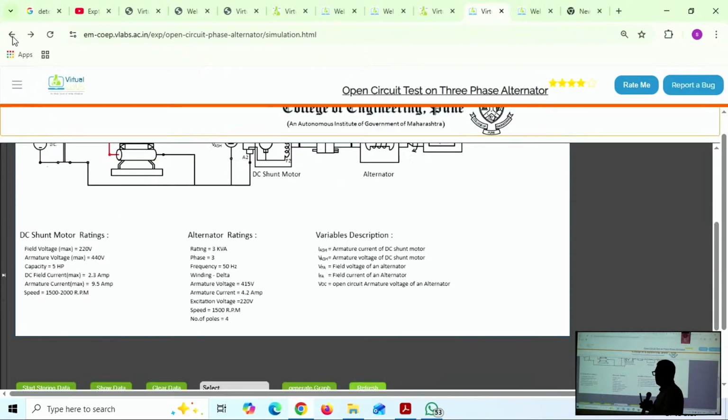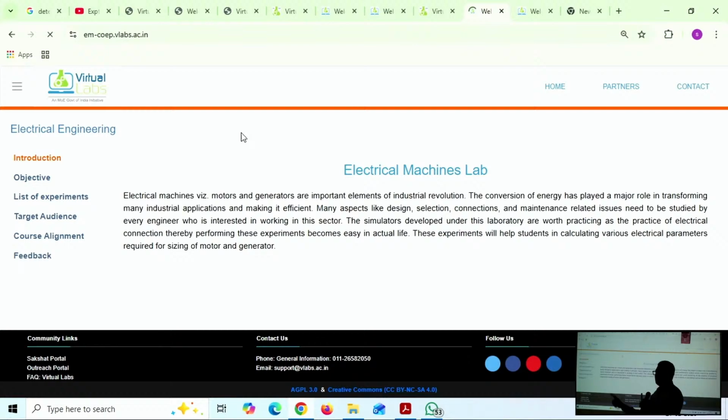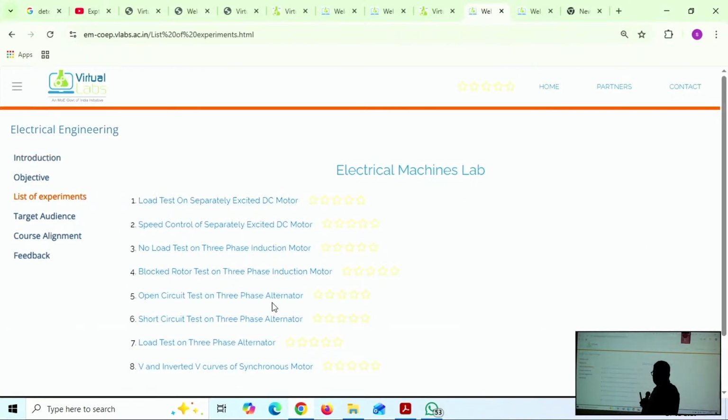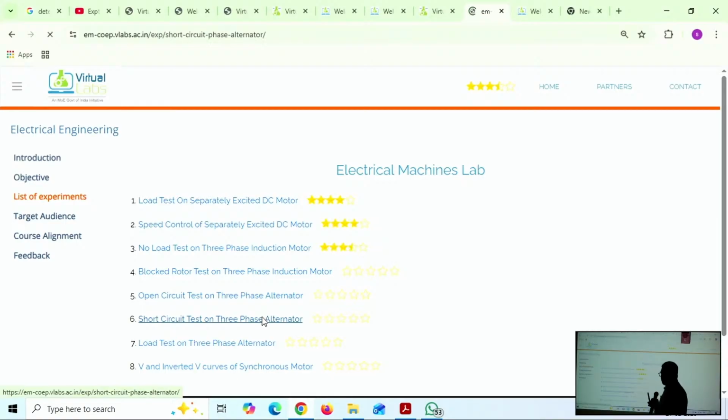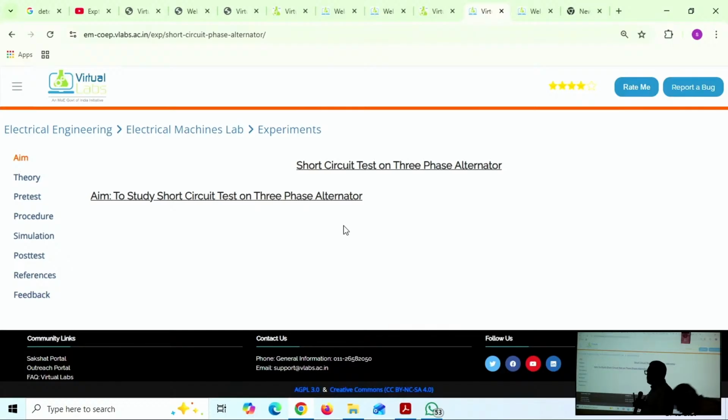That's it. Short circuit current, at what excitation we are getting, IF, we will note that field excitation as well. Then take the reading. So VOC we got by here, ESC we get by this experiment.